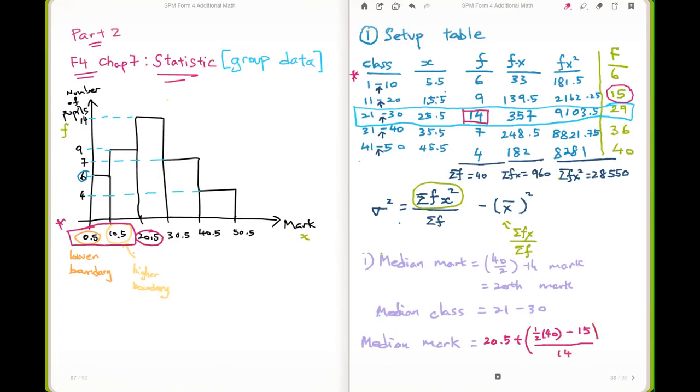And then you times with the size, which is 10. The size of each class is 10. And then turns out the answer to be, I'll do it slowly because you need some time to understand the number. Close the bracket here. Okay, that's how you look for median.